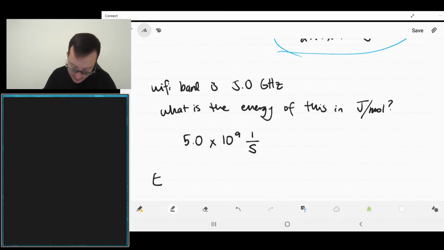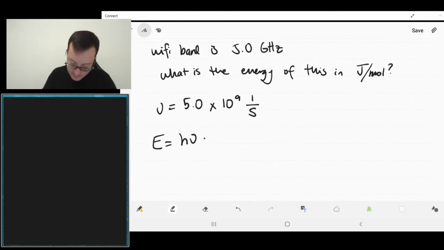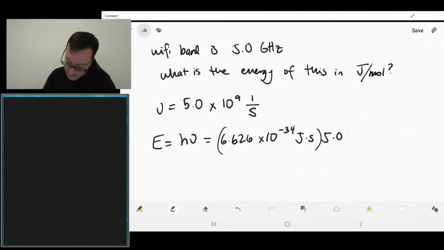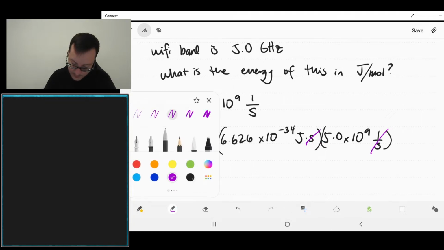If we're looking at energy, it's simply h nu. Nu here is 5 times 10 to the ninth. That's our giga. So 6.626 times 10 to the negative 34 joules times seconds, multiplied by 5.0 times 10 to the ninth per second. The seconds will cancel out, and we're left with joules.